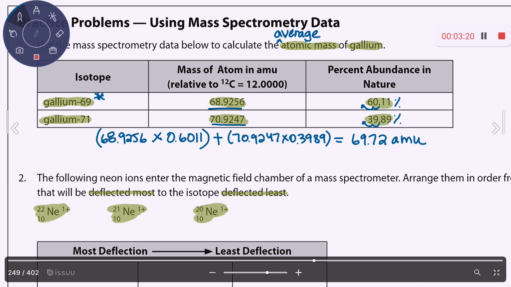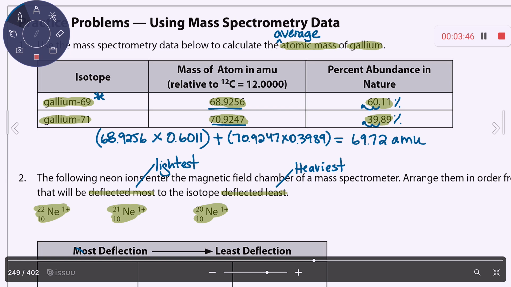This is based upon the charge to mass ratio. The one that is deflected the least will be the heaviest, and the one deflected the most will be the lightest. So the most deflection will have the lowest mass number.